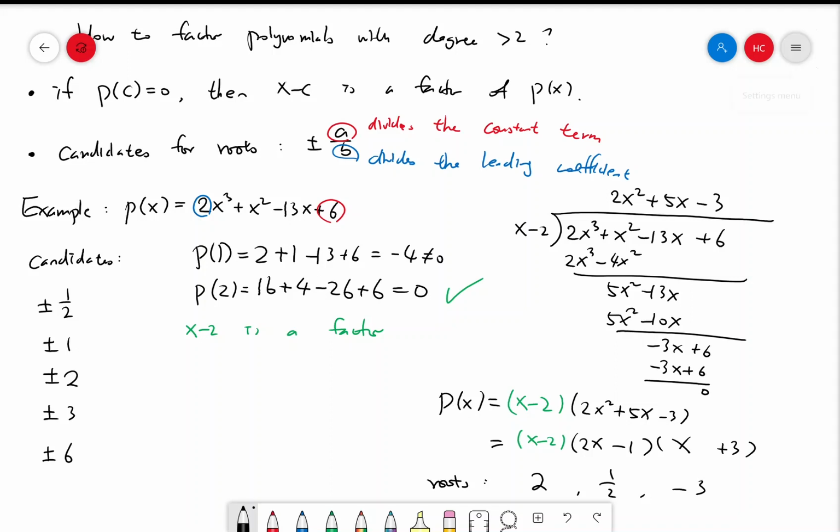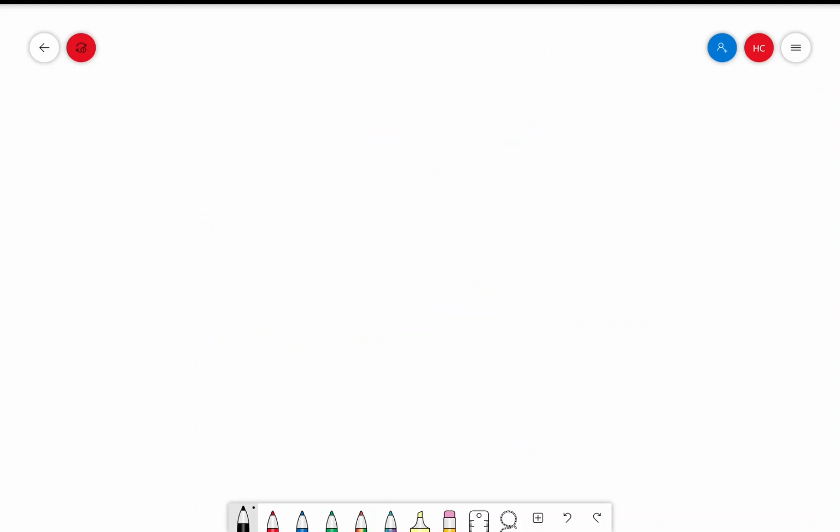All right, so let's do a different example. Let's consider a degree 4 polynomial, x to the 4th plus 2x cubed minus 2x squared minus 3x plus 2. The leading coefficient is 1, and the constant term is 2. There are not many candidates here.